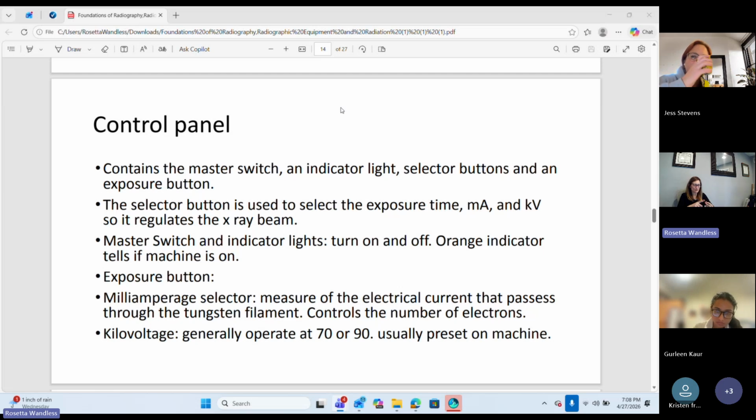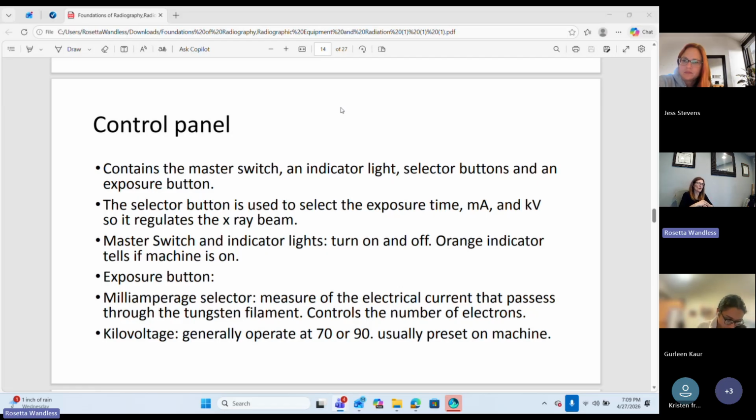So it has to have a master switch, indicator light, your selector buttons, and your exposure button. Your exposure button is what we use when we're getting ready to expose an X-ray. It's going to force that focusing cup down. So that's attached to it. So boom, focusing cup comes down.